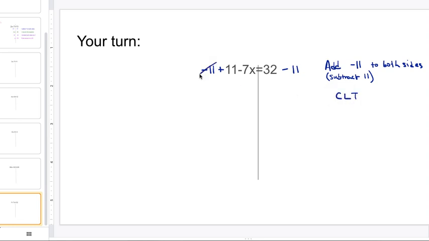All right, so what combined like terms right now? Combined like terms, cancel these 2 out, gives us a negative 7x equals 32 minus 11, that's 21. And this should work out nicely again, so divide by negative 7, right?